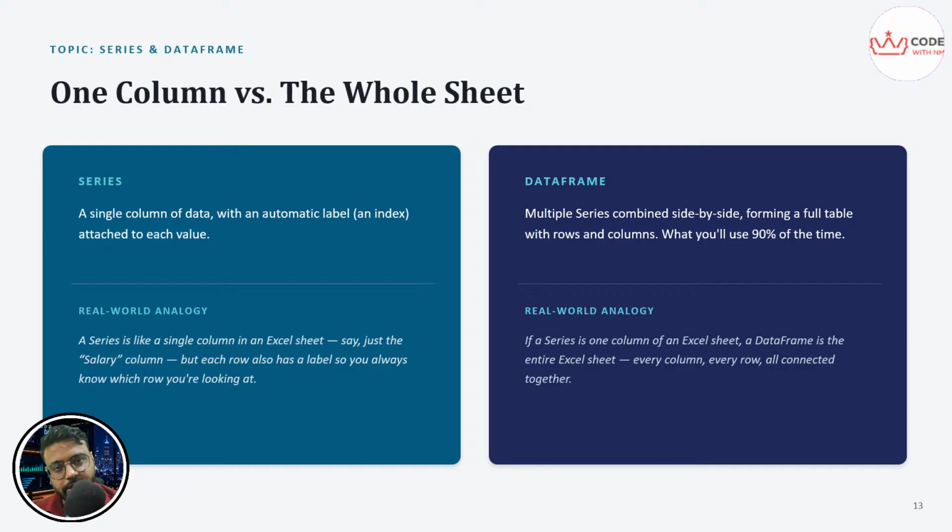Right now what we have seen is 0, 1, 2, 3, 4 and HR, IT, sales, marketing and finance, which I consider as one column only. But in a data frame you can have multiple columns, more than one.